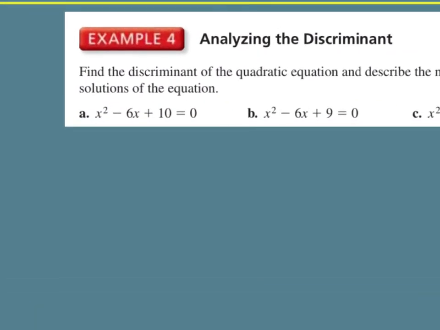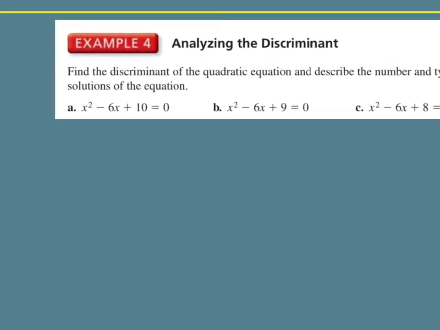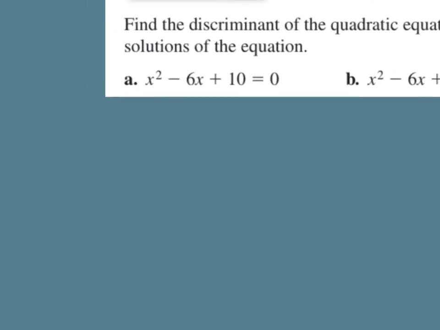We need to find the discriminant and describe the number and type of solutions of the equation. So what's the formula to find the discriminant? b squared minus 4ac. And again, we get our a, b, and c from the coefficients in our equation.